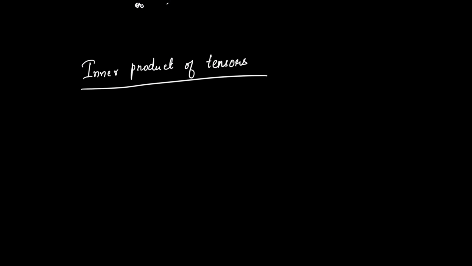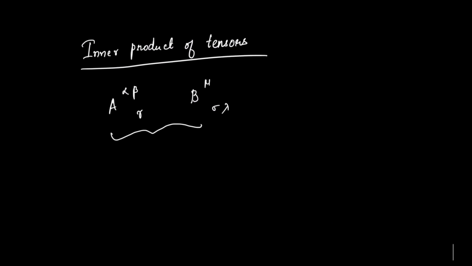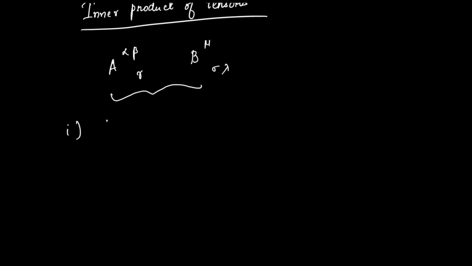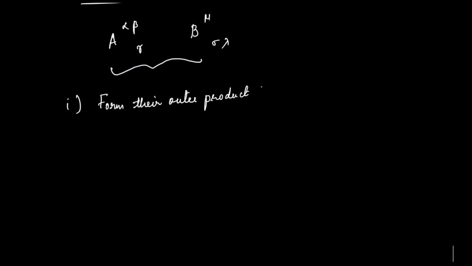That is known as the inner product of two tensors. That is, given A alpha, beta, gamma and B mu sigma lambda, if I want to take the inner product of these two tensors, then the first step is to form their outer product, because we have already defined how to take the outer product.